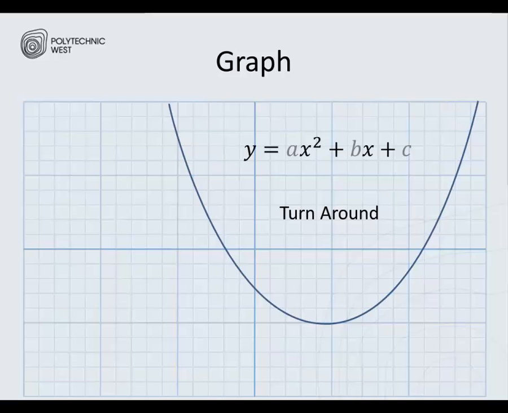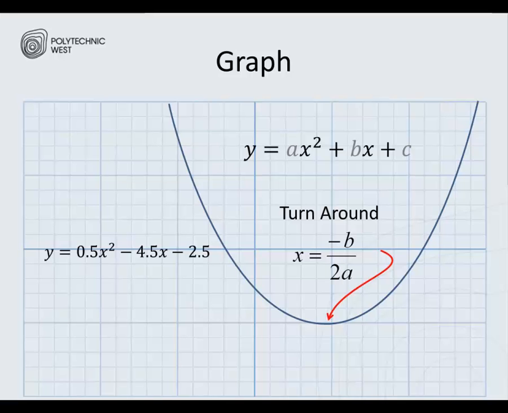The point at which it turns around is given by minus b over 2a. Don't worry about where that's come from, just take it as read that the turnaround point is minus b over 2a. To give an example, here's an equation: y equals 0.5x squared minus 4.5x minus 2.5.